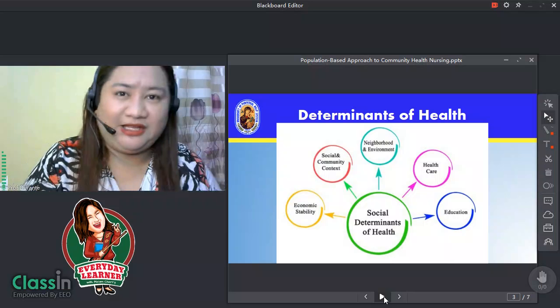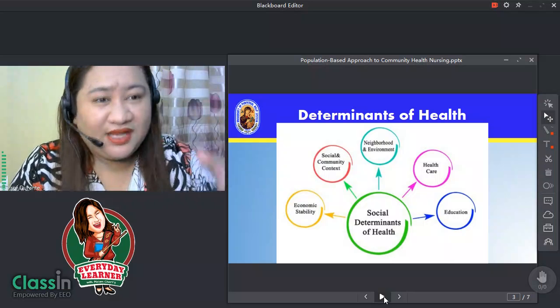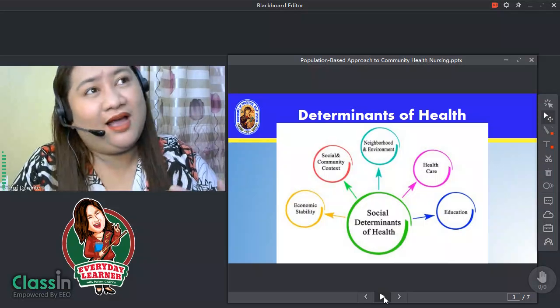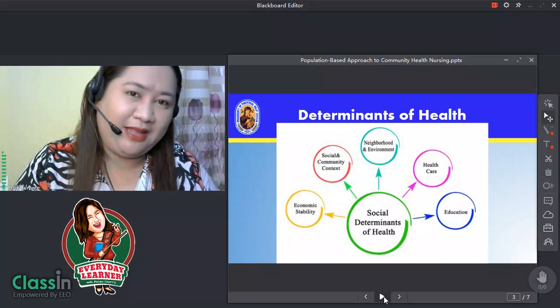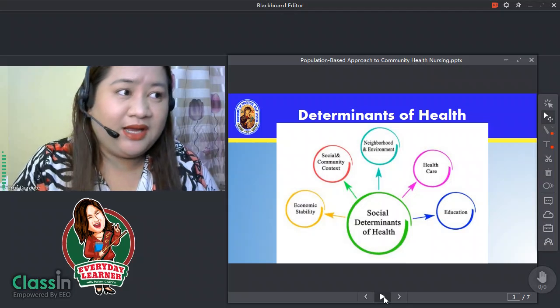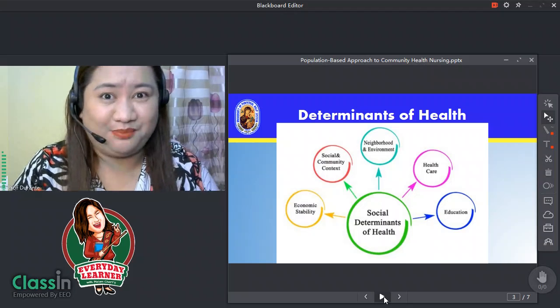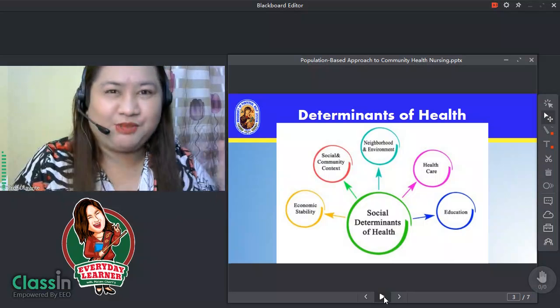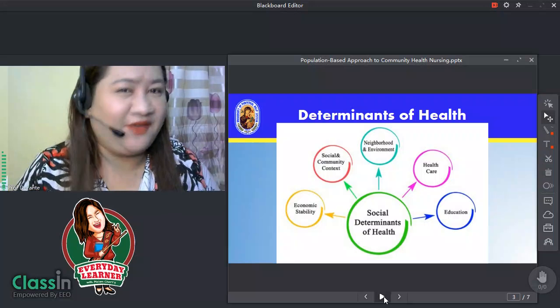And what community are we talking about? So these factors are very important when you plan and also implement the interventions that you want, let's say, for example, to address the community health problems. Okay, so I hope that you get a glimpse of what social determinants of health are.